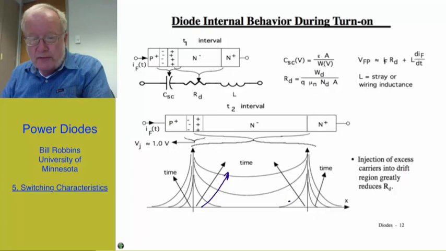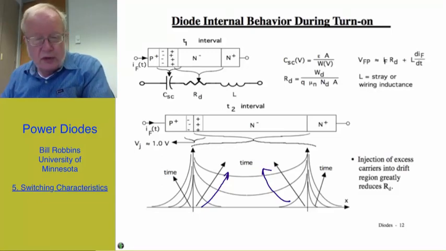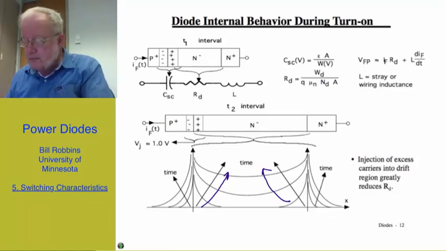And when we achieve the steady state value after the time interval T2, we have a fairly flat distribution, and we've reduced that resistance by several orders of magnitude, so that now the on-state current times the effective on-state resistance gives us the 2 or 3 volt drop across the drift region that we anticipate.